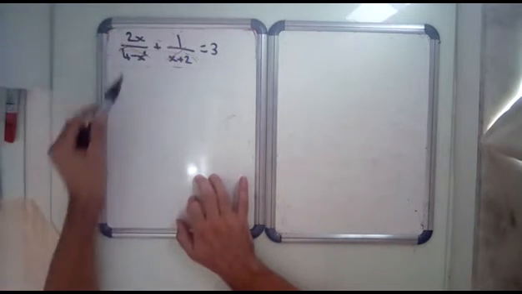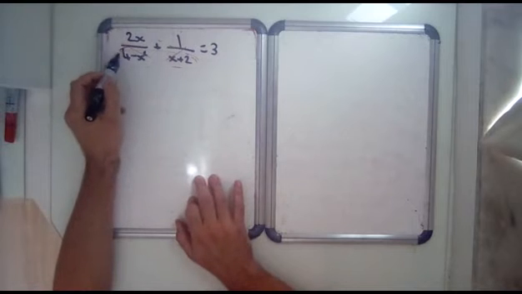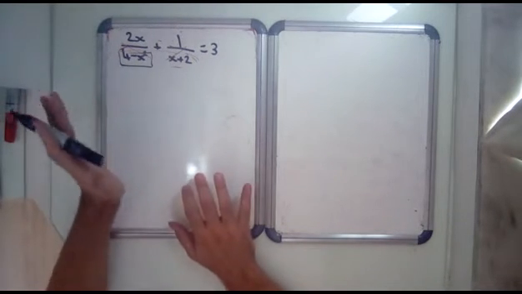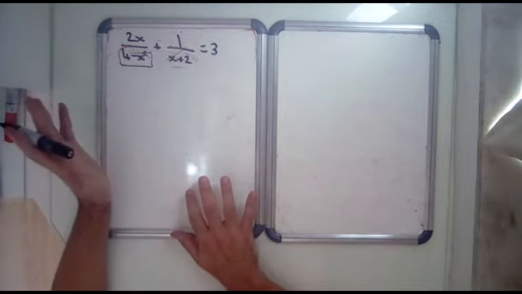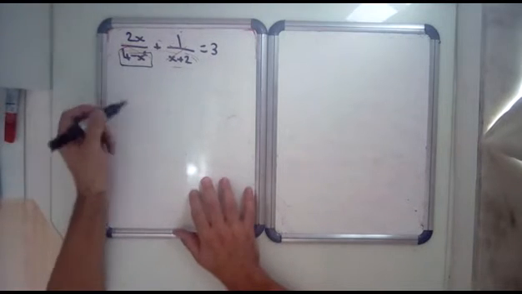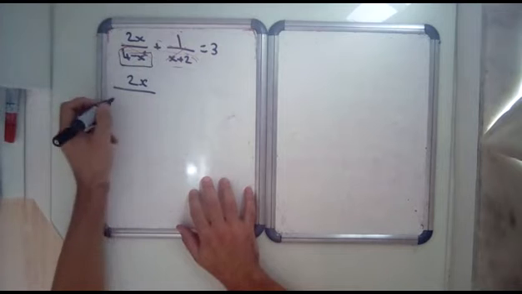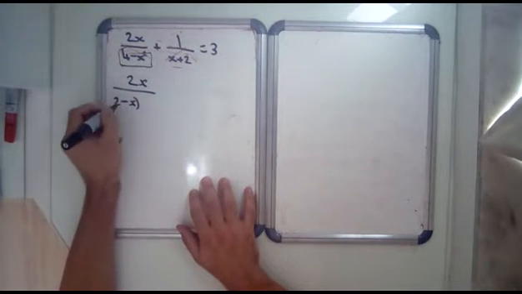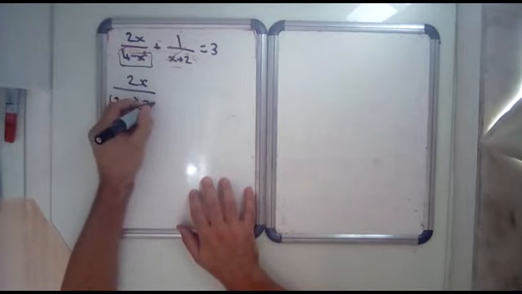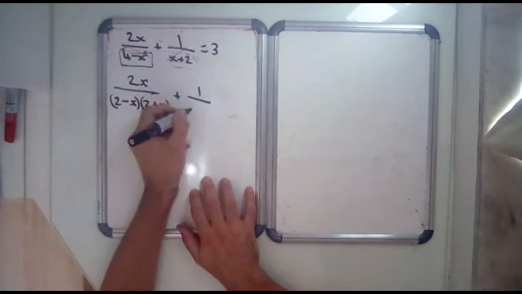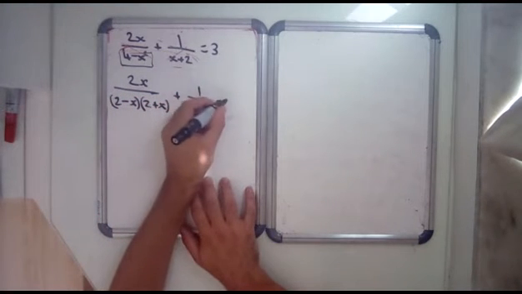If I look at this, that is a difference of 2 squares. In maths generally, if there is a difference of 2 squares somewhere, you should factorise it if you can. So we've got 2x over (2 minus x)(2 plus x), plus 1 over x plus 2 equals 3.